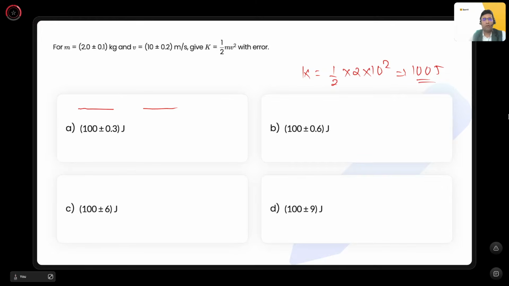Now let's find the error. So error का expression यहाँ से लिखेंगे हम. delta K upon K is equal to delta m upon m plus 2 into delta v upon v.